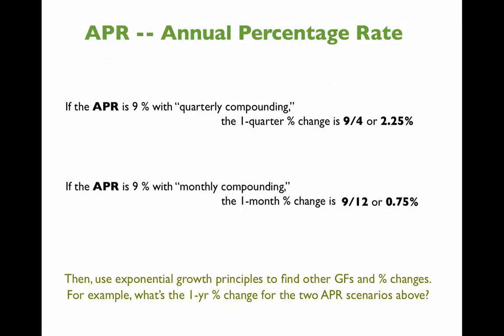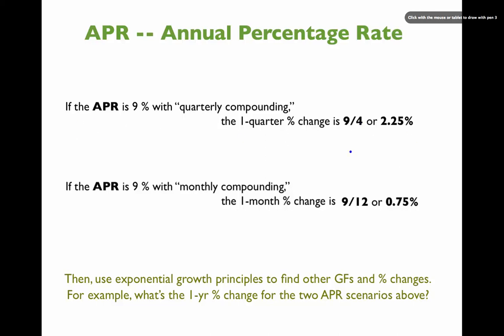Okay, so we said that when you have APR and some number of compoundings every year, you start with the straight division. So quarterly, you start by dividing by 4. This is conflicting with everything we've learned about percent change, taking that 9% and dividing by 4, but for APR, that's what they do.